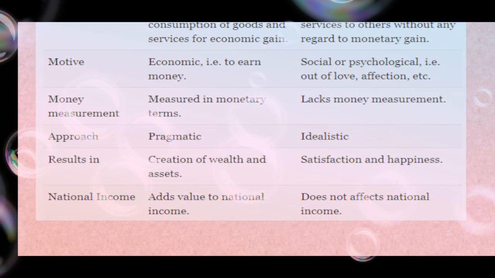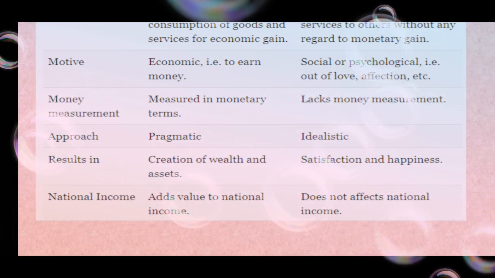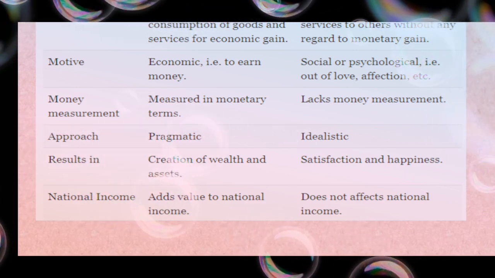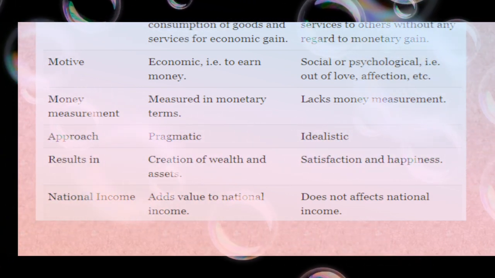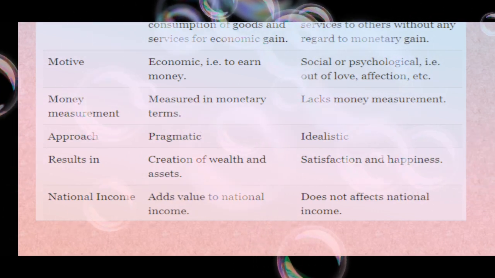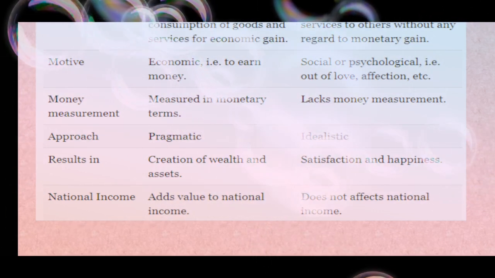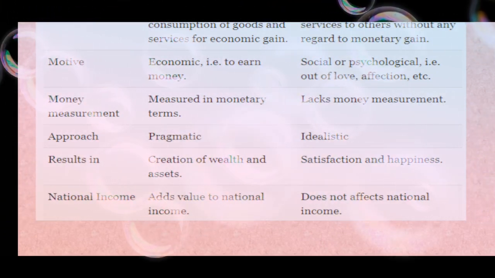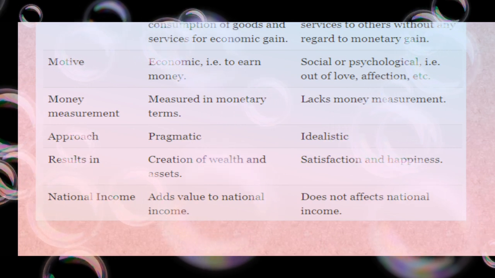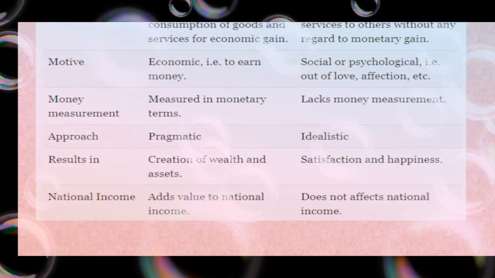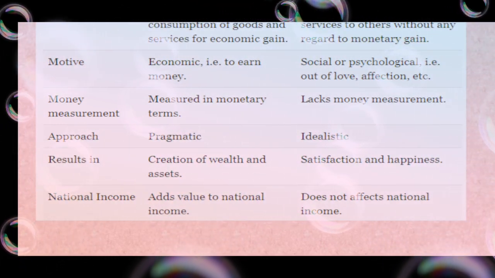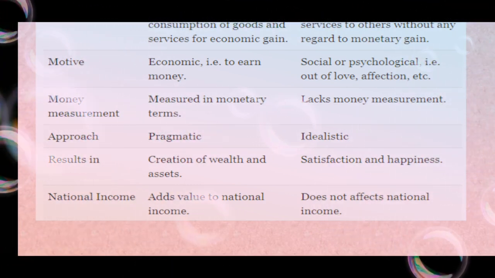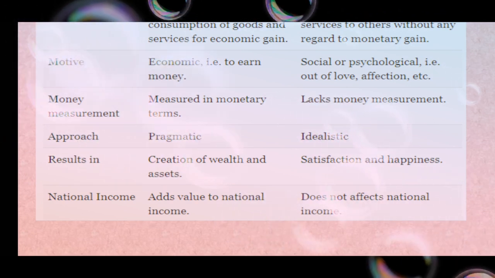These are examples of economic activities, whereas in non-economic activity you can give an example such as giving charity to a temple or to any other particular fund, or giving a gift to your friend. All these are activities which will give you satisfaction and which are done out of love, affection, compassion, etc. So we have seen the examples both of economic and non-economic activity.